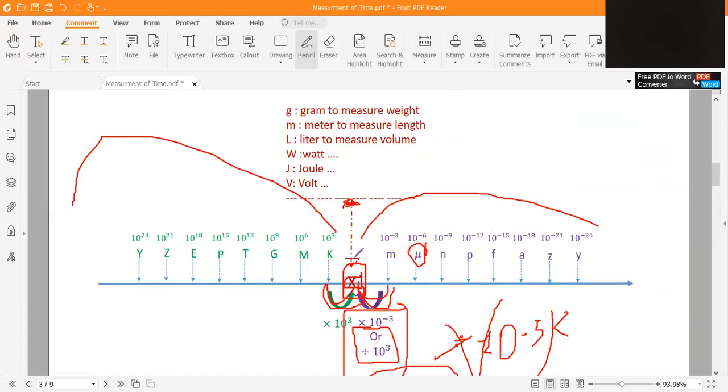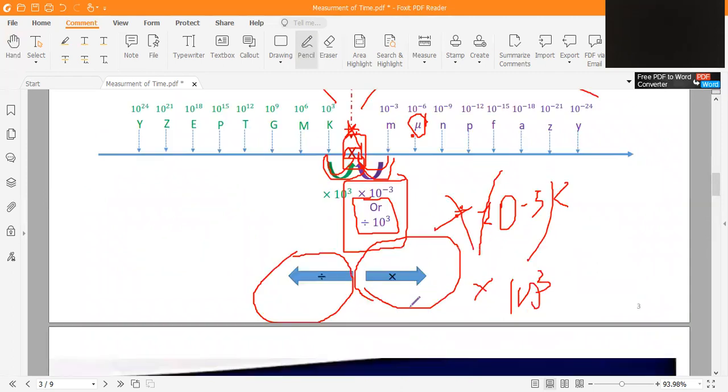So we want to move to this point, so we will move 2 steps to the left. We should divide by 10, okay, 10 power 2, 10 power 3, okay, power 2.